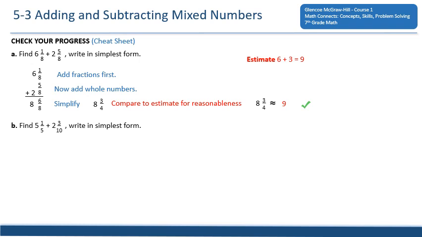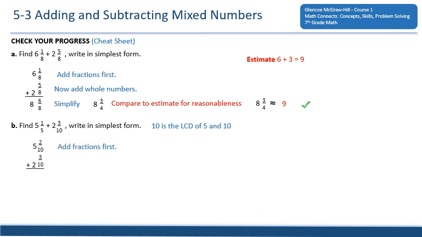Find 5 1/5 plus 2 3/10. Write in simplest form. 10 is the least common denominator of 5 and 10. Hopefully you recognize that 10 is a multiple of 5, so we can go ahead and use that. So 5 2/10. 2/10 is an equivalent fraction to 1/5 by multiplying the numerator and denominator by 2.